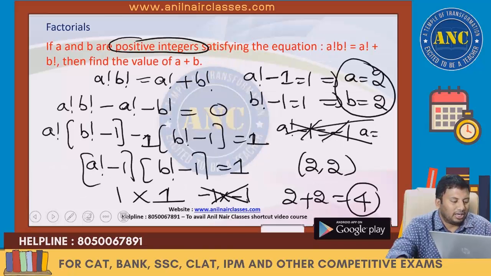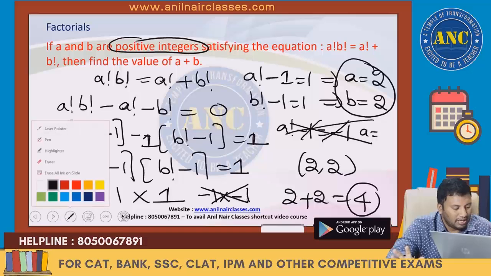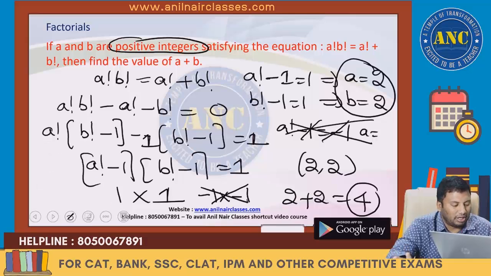A factorial minus b factorial minus 1, I added 1 on both the sides. I will again start with the factorial problem today evening. Just try it out on your own, I am sure you can do it.